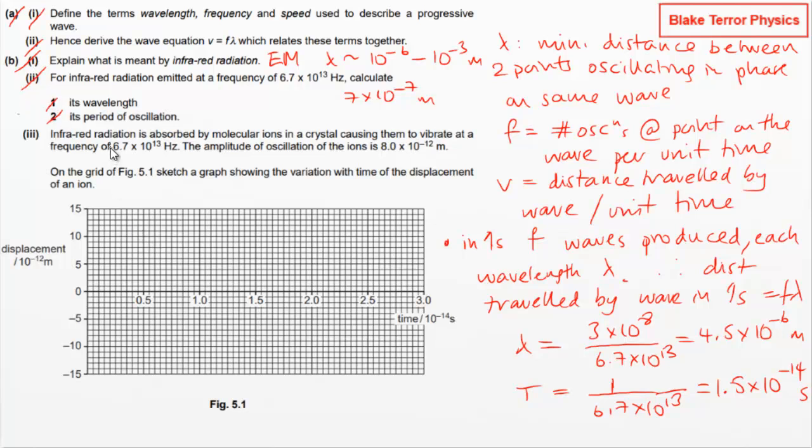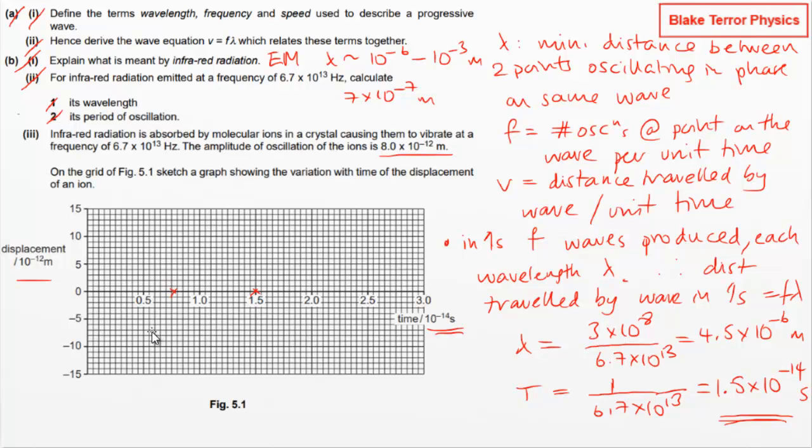Infrared radiation is absorbed by molecular ions in a crystal, causing them to vibrate at that frequency. The amplitude is this. Sketch the graph. Right, so we know that we've got this period of 1.5, and I've put the 10 to the minus 14 there. So our period is here. So that's got to be one oscillation. So we're going to be halfway along there. And the amplitude is 8, because they've given us a 10 to the minus 12.